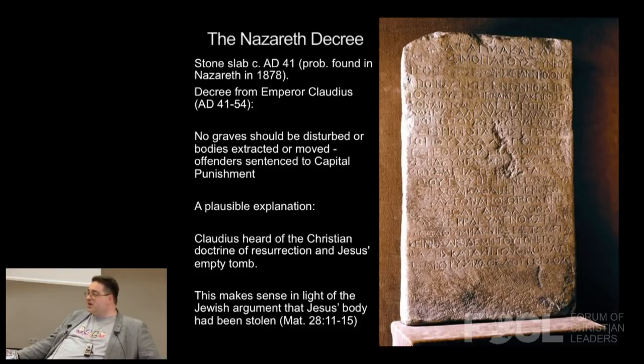It's been plausibly hypothesized that Claudius had heard about the Christian doctrine of the resurrection and Jesus' empty tomb, and bought the Jewish idea that the disciples had come away and stolen the body. And so he sent out a decree saying, well, let's up the punishment for grave robbery so that people don't go around claiming that their insurgent leader or whatever is raised from the dead.